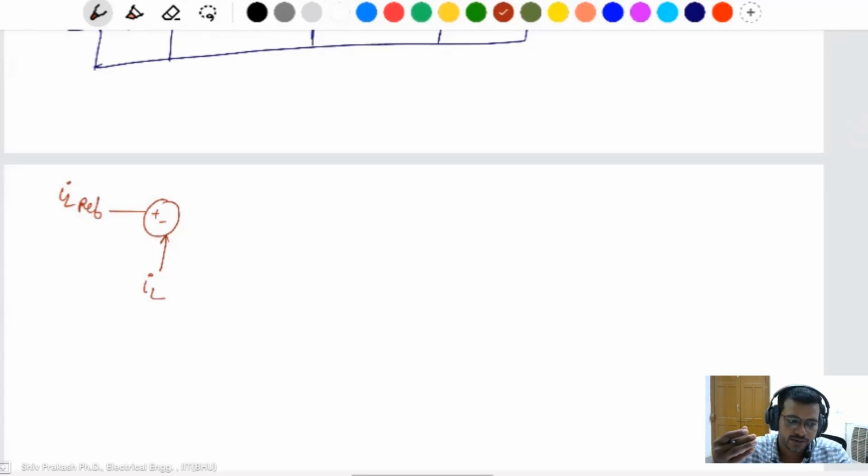You can give the reference as you wish. Like in a starting condition, if it is charging at 0 SOC or lesser SOC, then give the full current, and after reaching towards 100% SOC, like 80 to 90%, decrease the current rating. That's why the IL reference. This one, IL, is the inductor current.